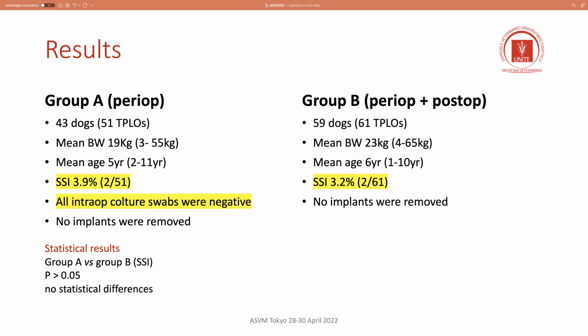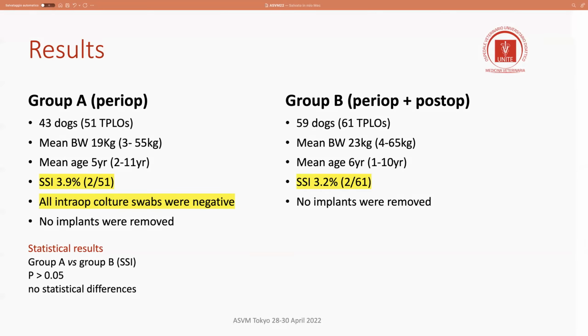The statistical comparison between group A and group B in terms of surgical site infection rate gave us a p-value higher than 0.05, so no statistical differences were observed.